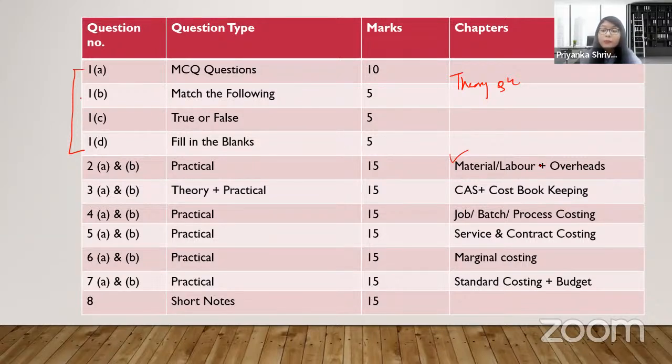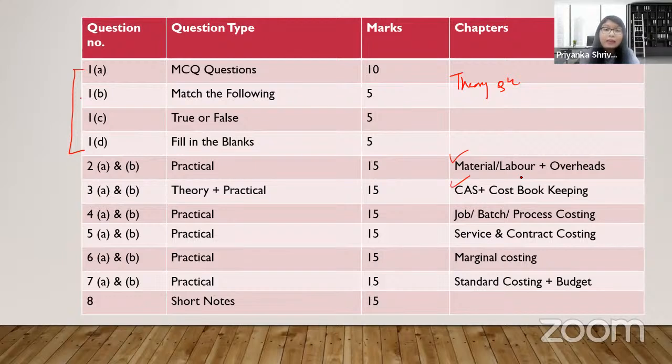Question number 3 will come from cost accounting standards and cost bookkeeping. Question number 4 will come from job, batch or process costing. Question number 5 will come from service and contract costing, question number 6 from marginal costing, and question number 7 from standard costing and budget and budgetary control.